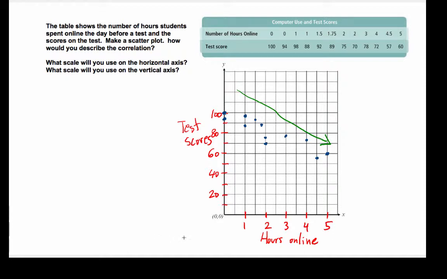What we can imply is that there's probably a good causal relationship between the hours spent online the day before a test and the test scores. And I don't believe that in this case this is talking about hours spent online doing schoolwork. This is probably hours spent online doing other things. So the more time you spend online, the lower your test score is going to get in general.